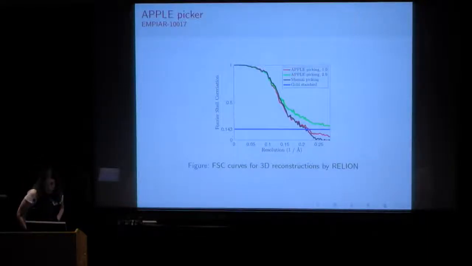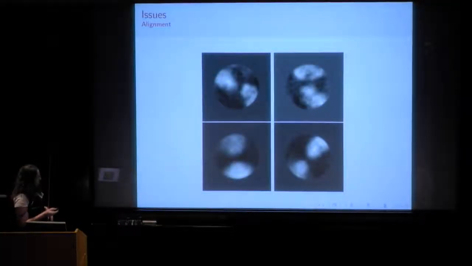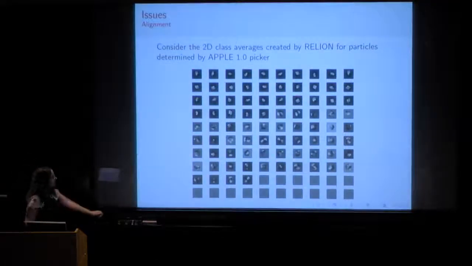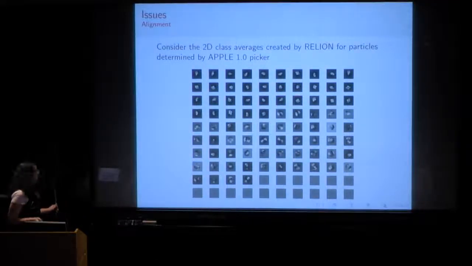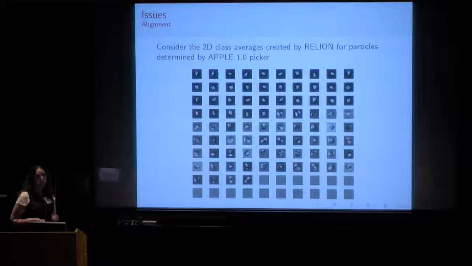And then another experiment that we did is, what would happen if we found all of these unaligned particles and we just threw them out? Because we do know that Relion will probably throw out the class averages that contain them. So if we throw them out to begin with, we'll have less outliers, we'll have less work for Relion to do, and maybe we could speed up the reconstruction without actually hurting the resolution.